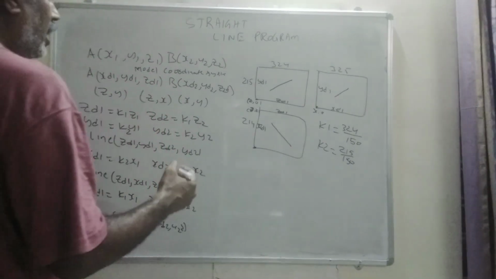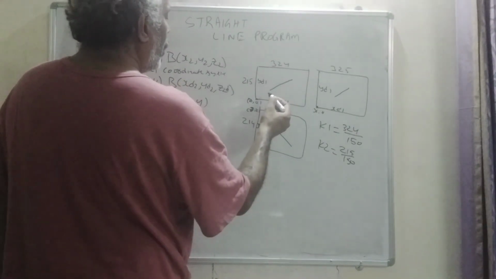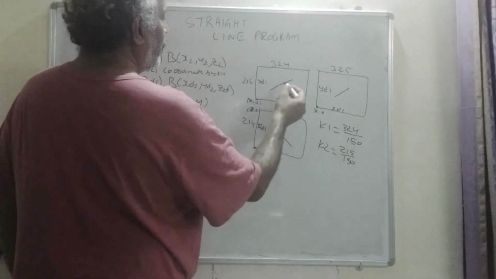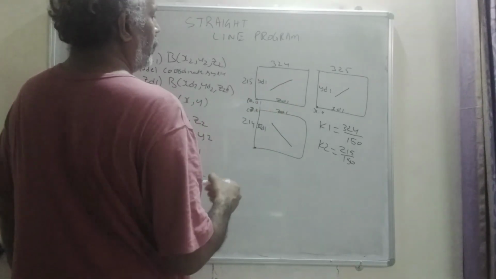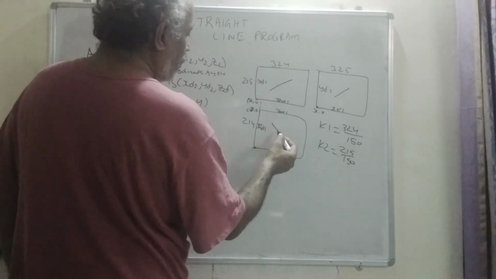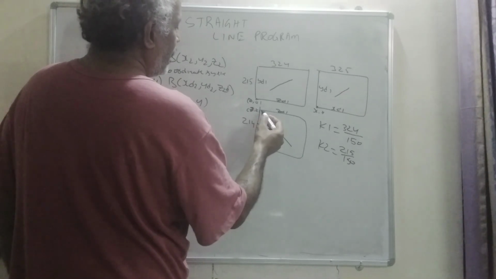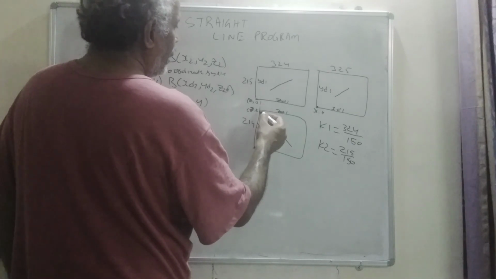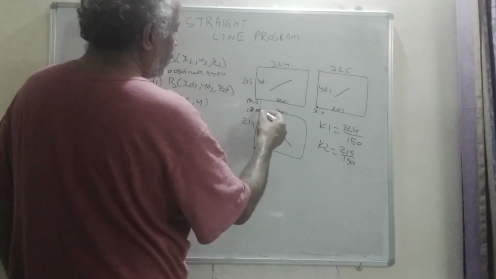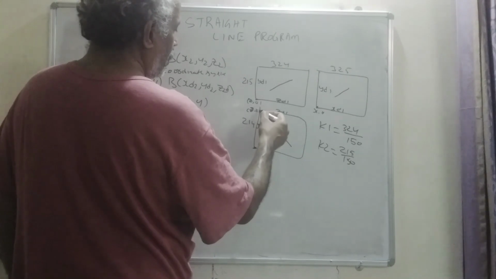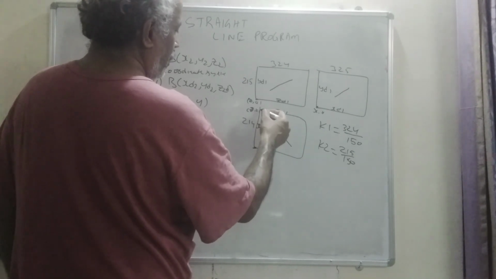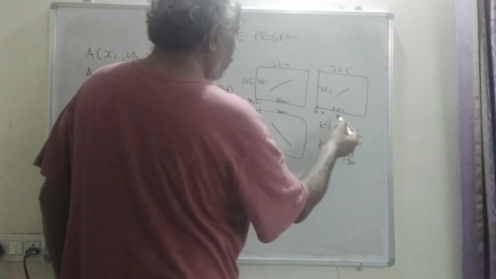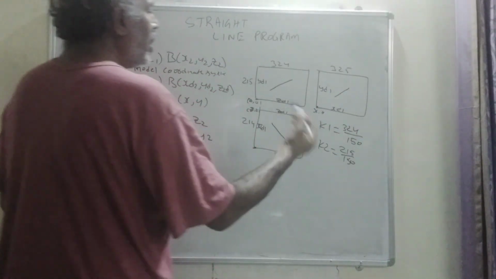For the first two coordinates, we have to add z0 to z and subtract y from y0. For the next, we have to add z0 for the z coordinate and add y0, x0 as x0 for this coordinate. Similarly, here we have to add x0, y0 to these two coordinates. Then only you can display it on the computer.